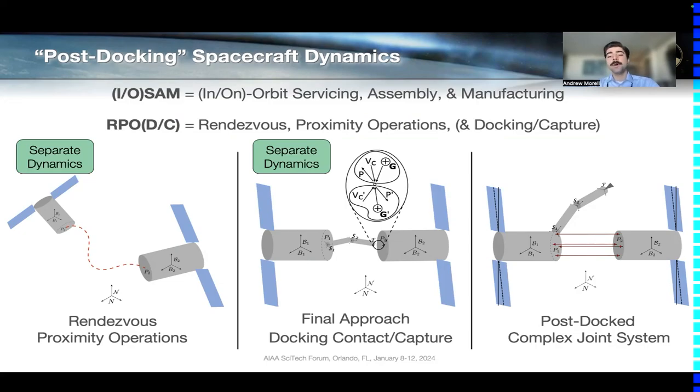Now, once we get to the post-docked system of spacecraft, what we historically see is that a single dynamical model is used, in which the combined properties of each individual vehicle are put together into one model with joint equations of motion and all the combined mass and inertia properties, as well as all the attached components of the individual vehicles.